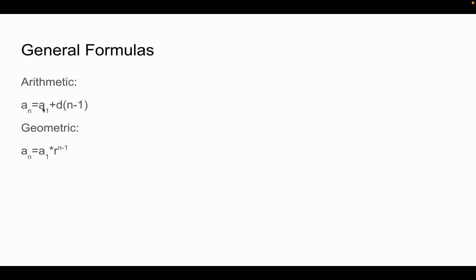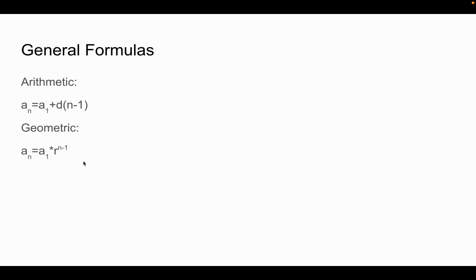It's kind of similar to a linear equation, and this is kind of like the intercept, but since it starts at 1 instead of the y-intercept being when x equals 0, this is when x, aka n in our case, equals 1, and that's why we're subtracting 1.